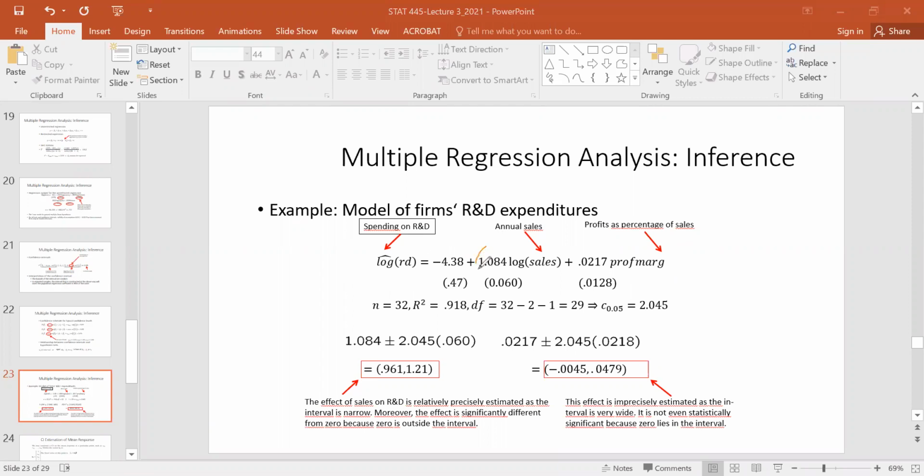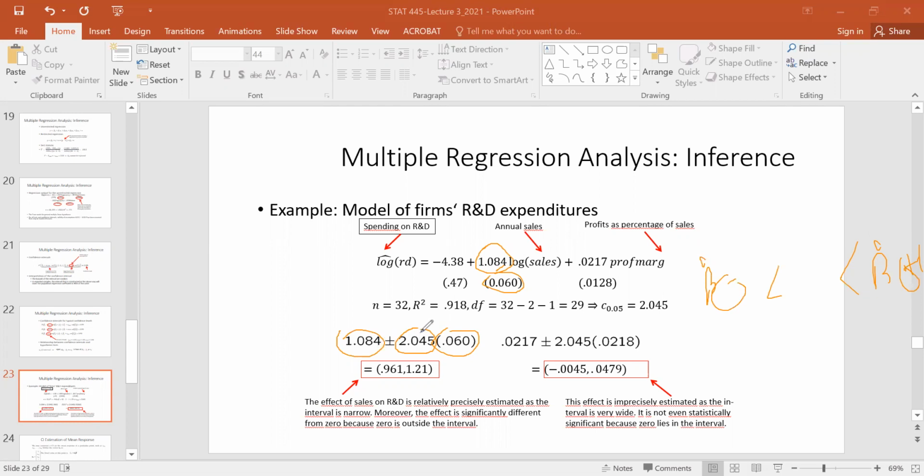You can see this one is like the beta hat, and you are plus or minusing the critical value times the standard error. The standard error is here. So this plus or minus shows beta hat minus something and then beta hat plus.